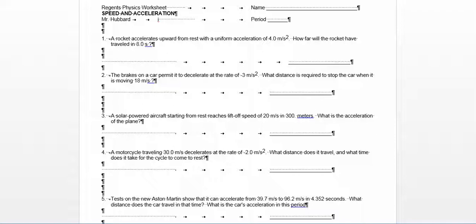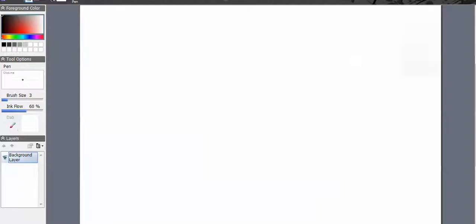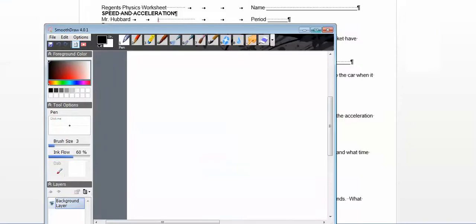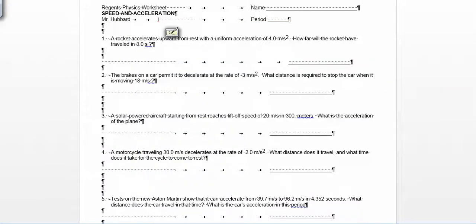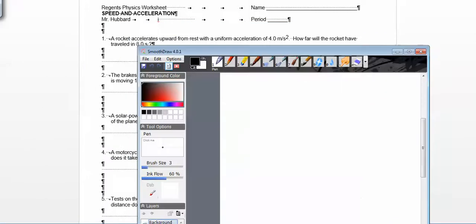If I'm using the guess method, we start with the idea that we write down our givens. Our given is 4 meters per second squared, our acceleration.